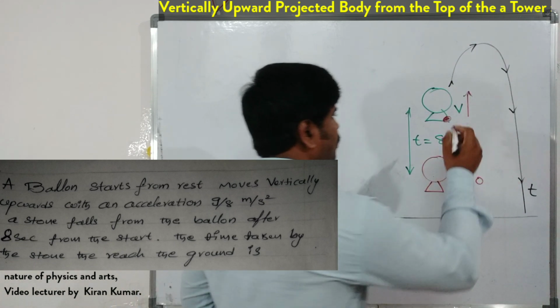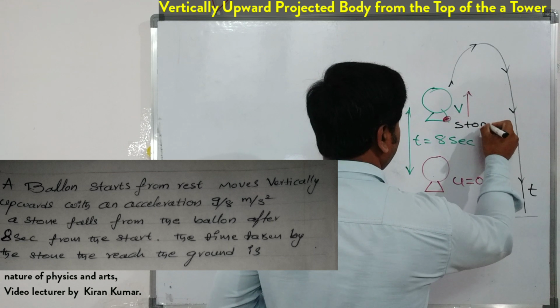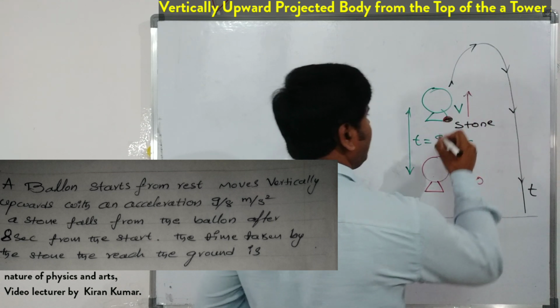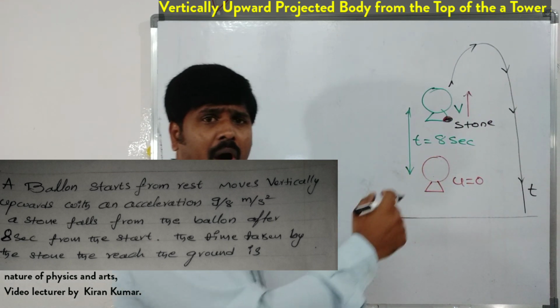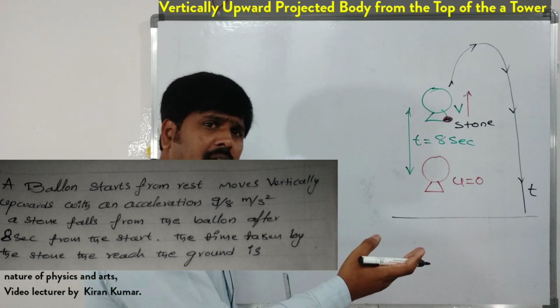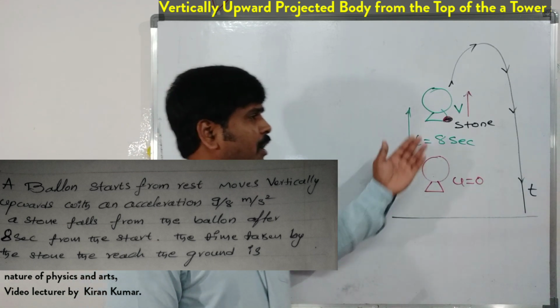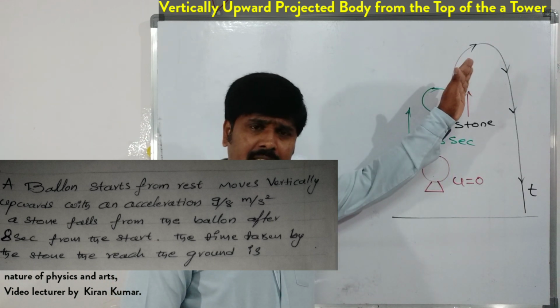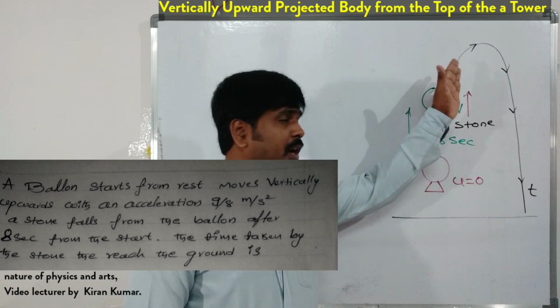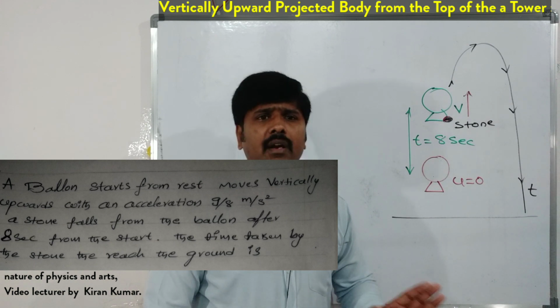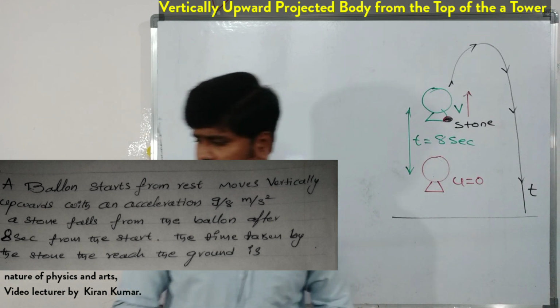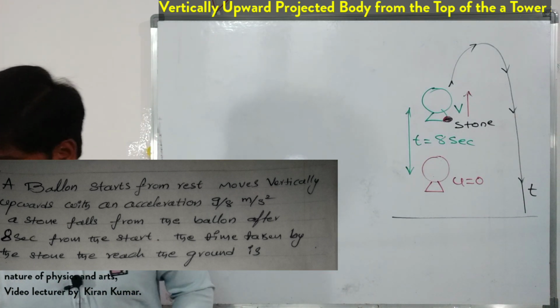This is the stone. Initially the stone also has the same velocity as the balloon, so it is like a vertically projected body from the top of the tower. Step by step we can discuss.